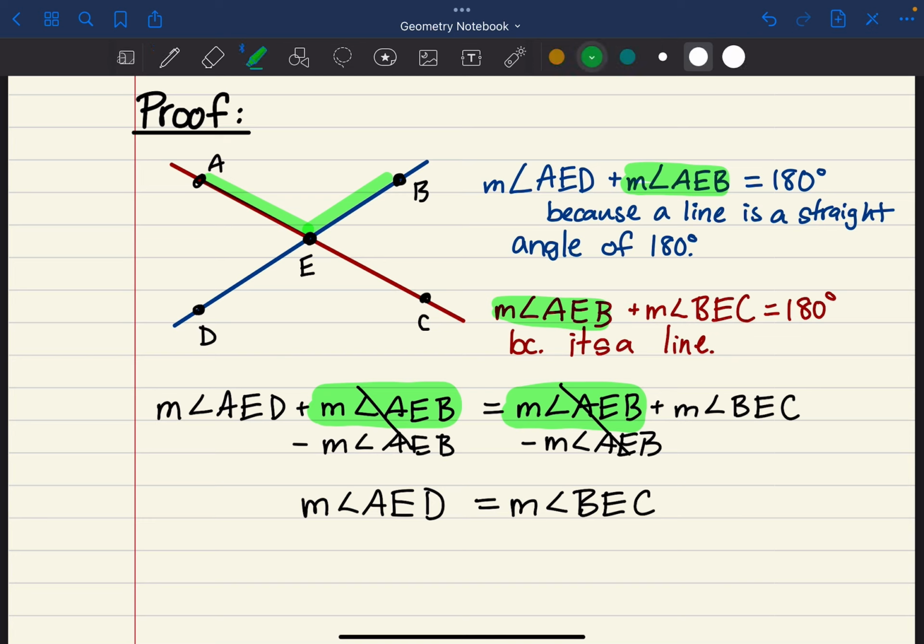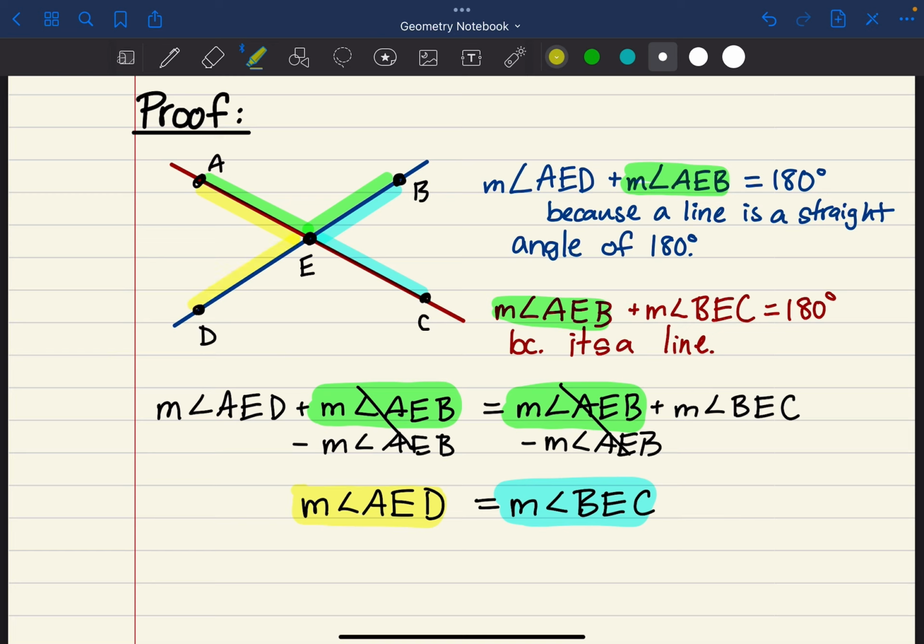And these two angles I will highlight so that we can see them easier. BEC is this angle here. And AED, that is this angle on the left.